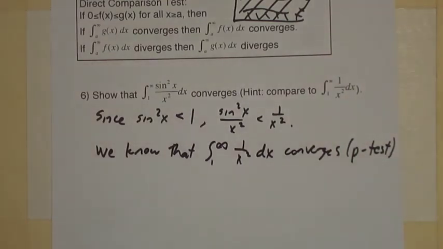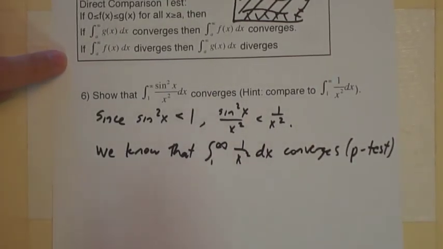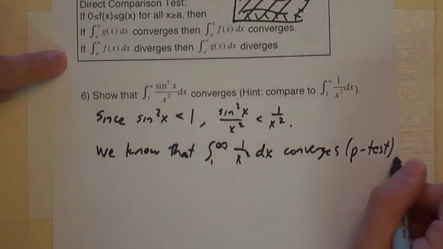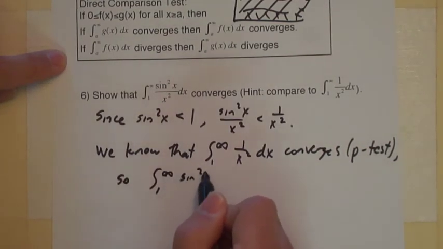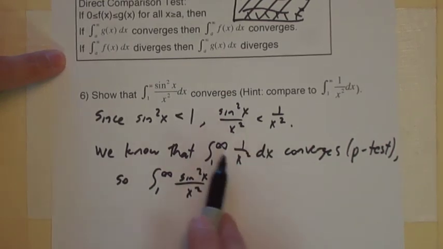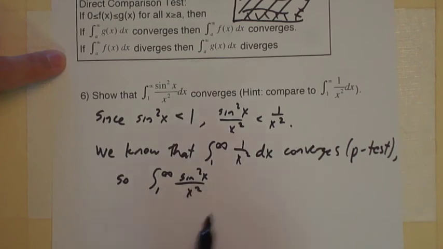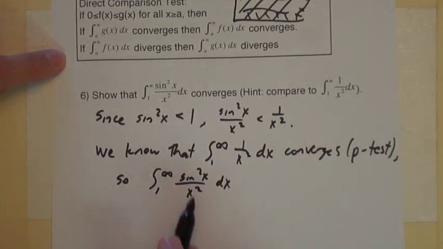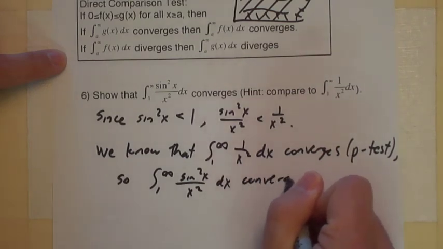If you look on the previous page, when we talked about the p-test, this integral converges because of the 2 in the exponent. So replacing the 1 with the sine squared just makes it smaller. So whatever this number is, we don't even care what it is. This is smaller and still positive, so it must also converge.